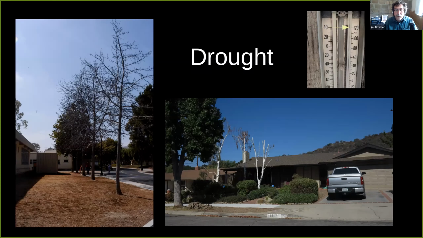They just need a whole lot more water than most people are willing to provide. Other species like liquid amber die for various reasons, or in this case, they defoliate because there's been no water on this landscape. And this is actually in a higher ET area. This is in Ventura, not very many miles from the coast. And so you would think they would hold on better here. And this one's in Ojai, where there's a lot higher ET.